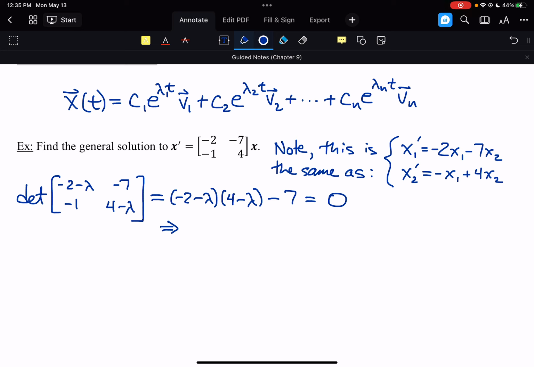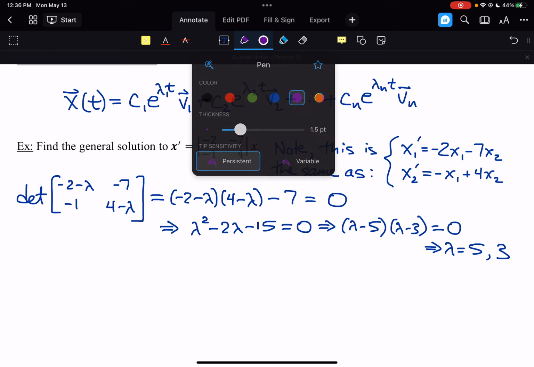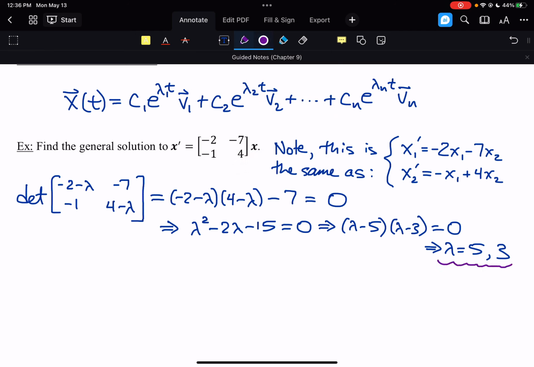FOIL this out, combine with the constant, we end up getting lambda squared minus 2 lambda minus 15 equals 0, which is factorable. So we get lambda minus 5 and lambda plus 3. So we get lambda is 5 and -3. So those are our eigenvalues for this matrix.